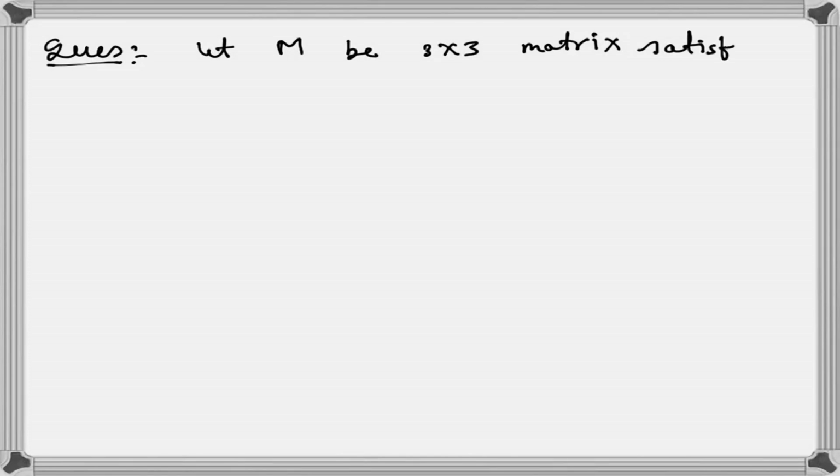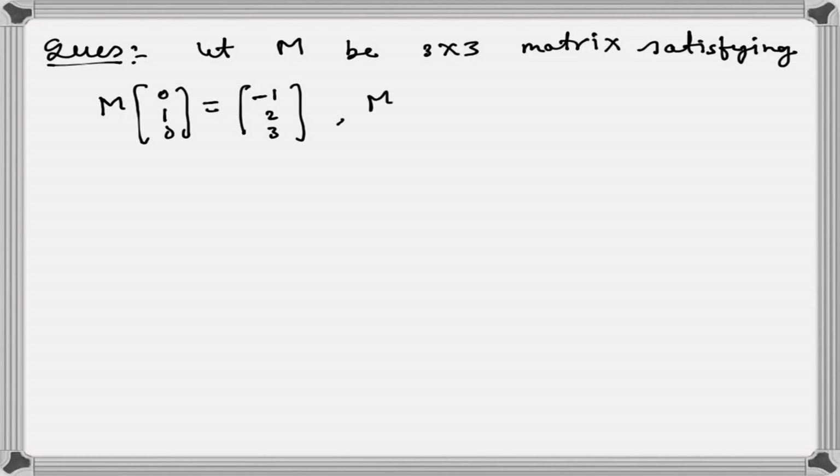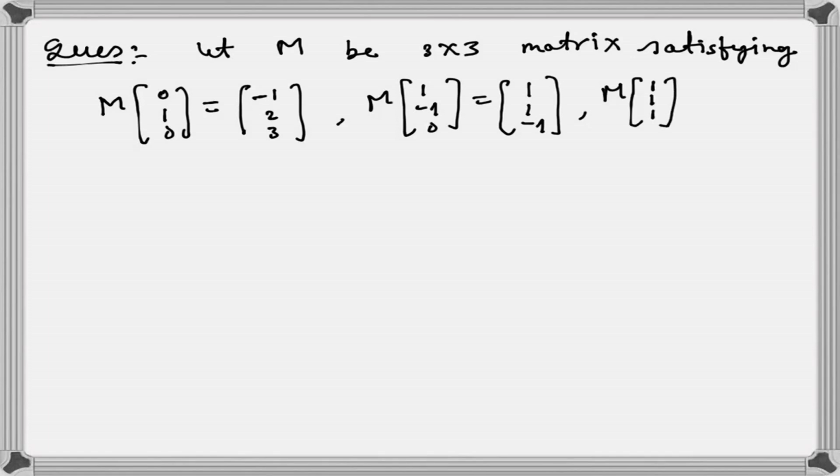So let's solve question number 1. Let M be a 3 cross 3 matrix satisfying: M times (0, 1, 0) is equal to (minus 1, 2, 3); M times (1, minus 1, 0) equals (1, 1, minus 1); and the third one is M times (1, 1, 1) equals (0, 0, 12).